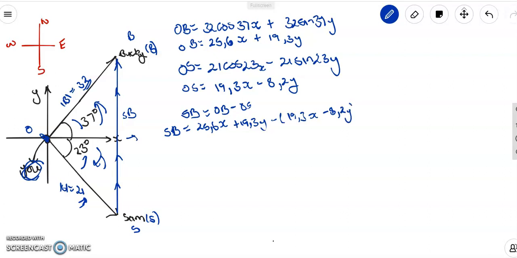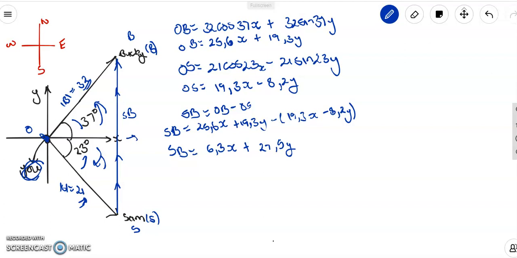At this stage, you should be able to carry out this subtraction. You subtract the x's on their own and the y's on their own. So I'm just going to write down the answer to save time. The vector from Sam's tent to Bucky's tent is 6.3x plus 27.5y.